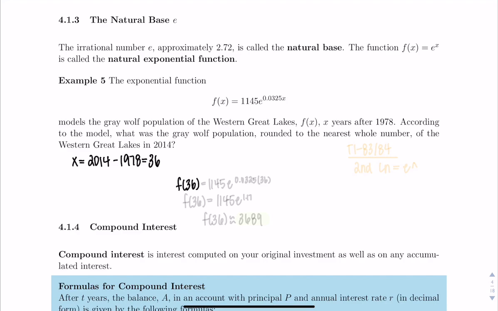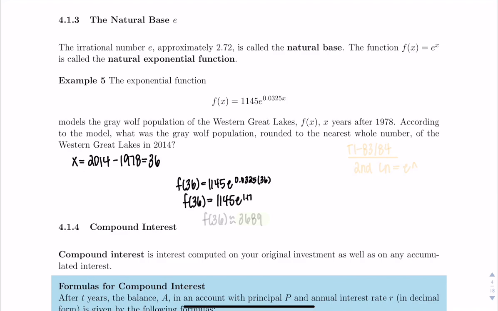So f of 36 is equal to 1145 e to the 0.0325 times 36. And so let's go ahead and simplify the exponent first. We have f of 36, which is equal to 1145 e to the 1.17.